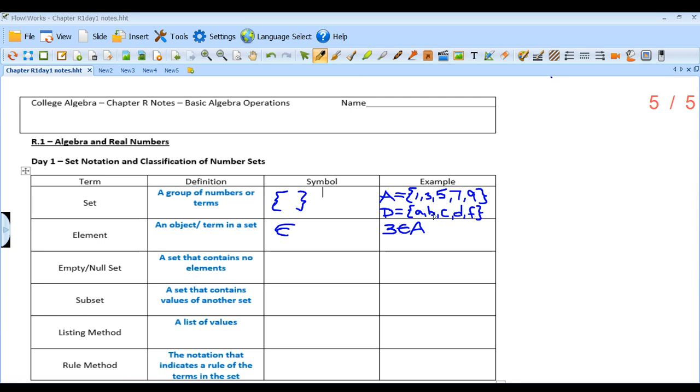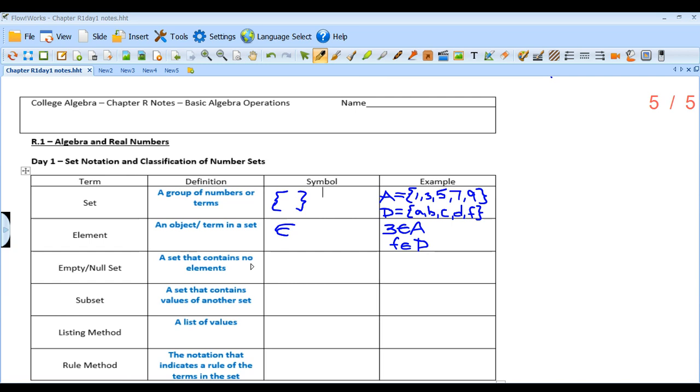Notice that the elements in the set are lowercase letters, where the actual name of the set uses a capital letter. So for example, I could say that f is an element of set D. So these are just some examples of what elements are. The 3 and the f are both elements of set A and D respectively.